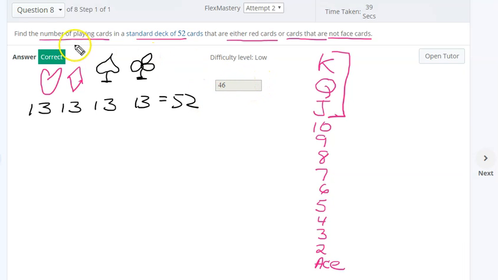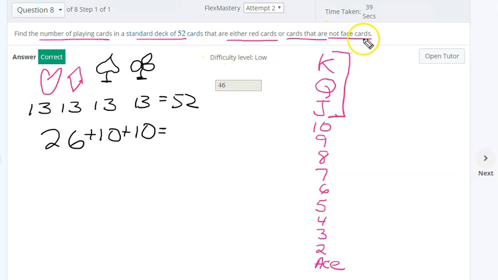So here they're wondering now, find the number of playing cards that are either red cards or cards that are not face cards. Well, of our red cards, we're going to have 26.